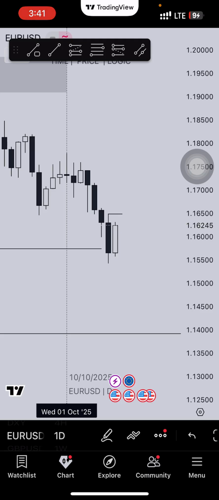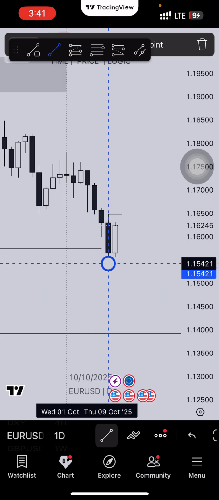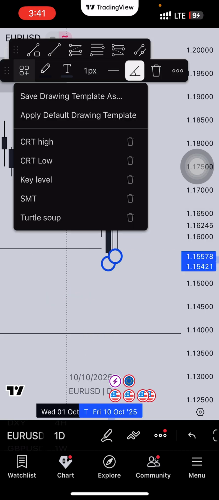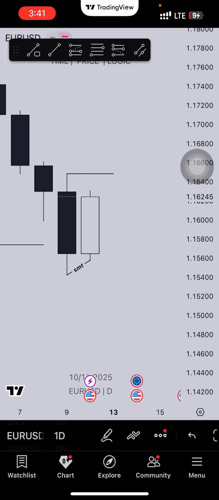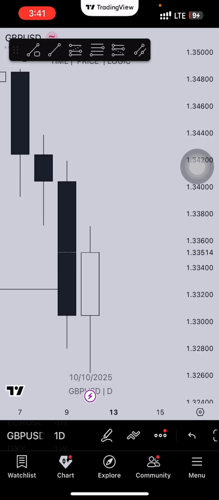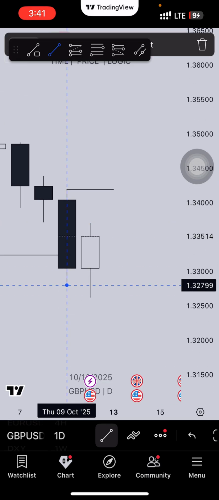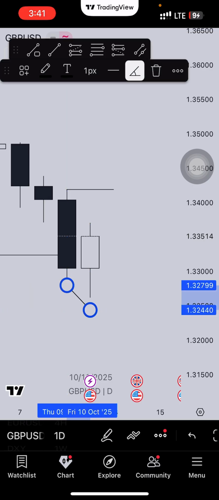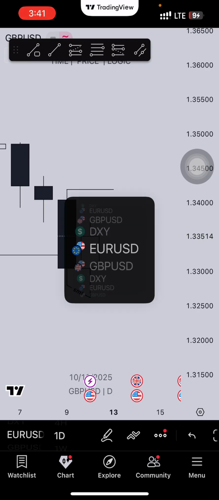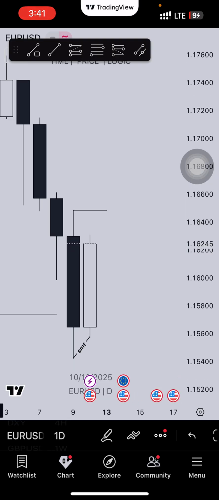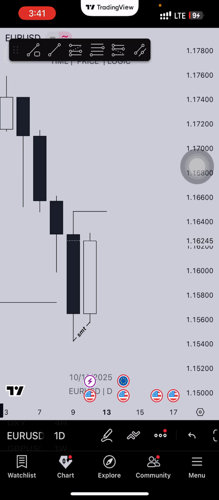Right, so there was an SMT also with GU and EU, in the sense that EU did not take out the previous day's low, while GU took out the previous day's low, as you can see right here. So I'm expecting price to move higher.